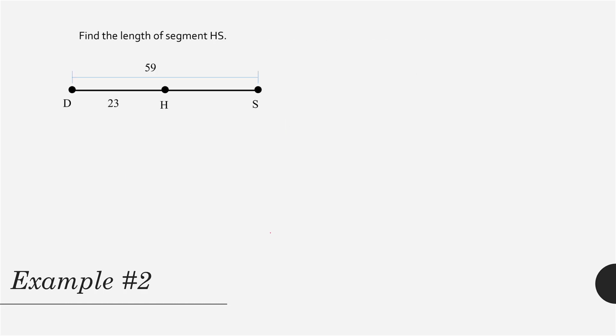All right, let's see another problem. Find the length of segment HS. So here we're trying to find this length there. We will always start with a geometry statement. So our geometry statement is going to follow that segment addition.